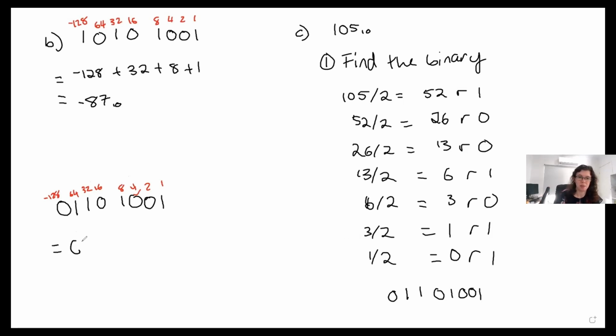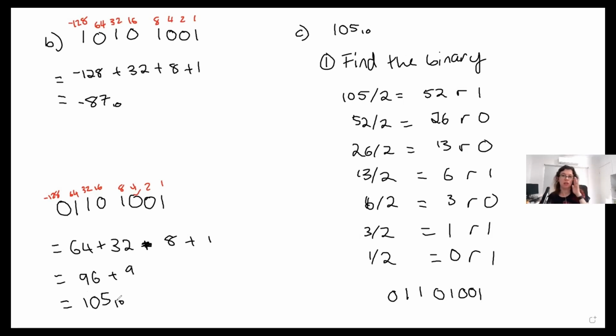So then we can add up all the ones that are switched on. So 64 plus 32 gives us 96, plus 9 gives us 105. So that's back to where we started.